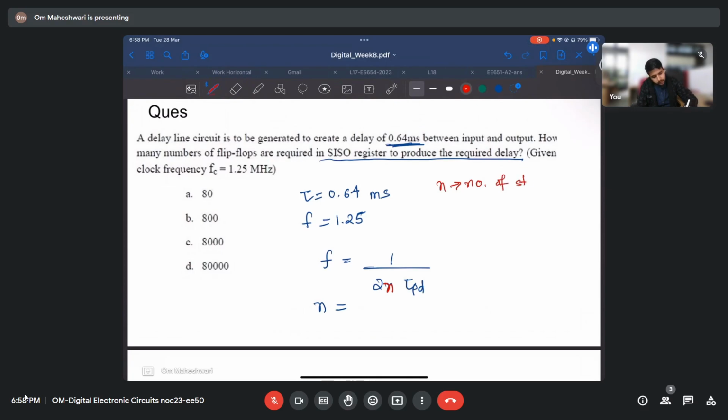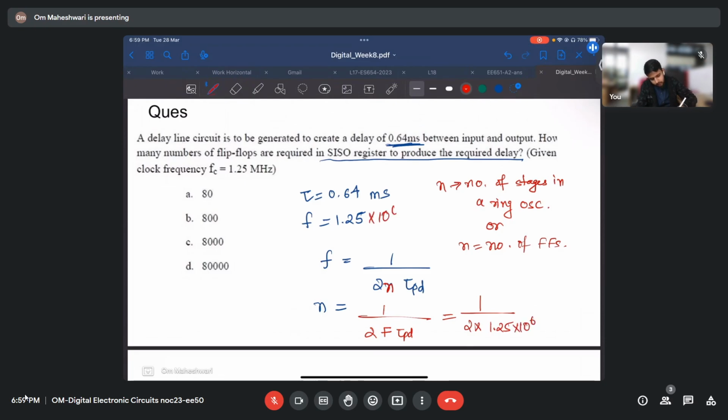Number of stages in oscillator, or here n equals the number of flip-flops. So n will be 1 by 2 f tau PD. It is 1 by 2 into f, which is 1.25 into 10 to the power 6 hertz, into 0.64 into 10 to the power minus 3 seconds.